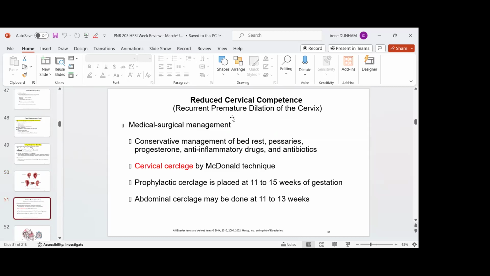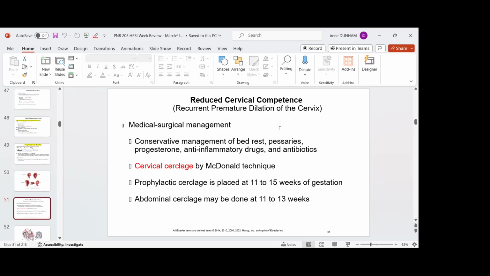All right. So if you have what we call recurrent premature dilation of the cervix, that means the cervix keeps opening up. You might have to have what we call a cervical cerclage. Okay, and what we do is we actually sew up the cervix using the McDonald technique, and that works very well, actually.